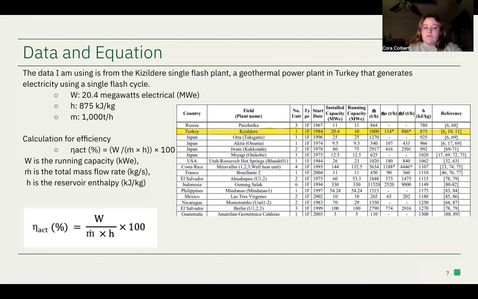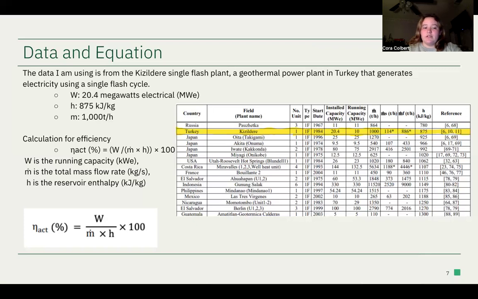And so the data that I'm using within this project is information from the Killdeer power plant, which is in Turkey, and it's a single flash plant, which means that it's using that single flash cycle.